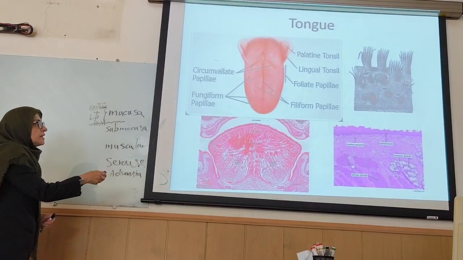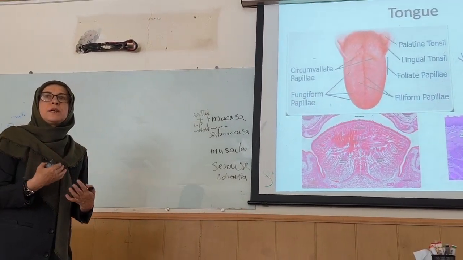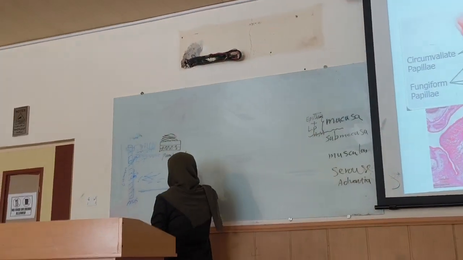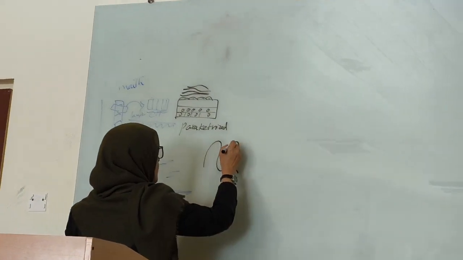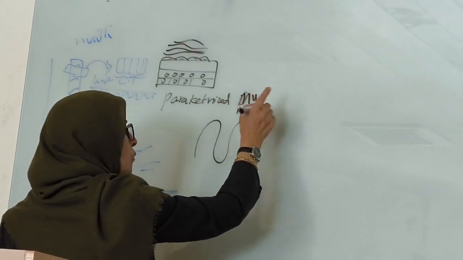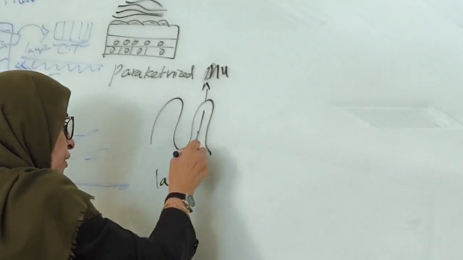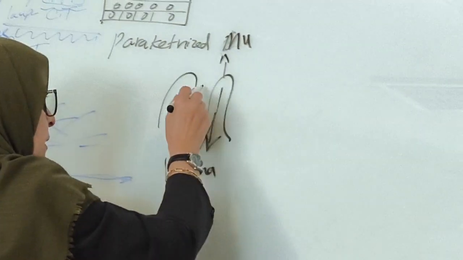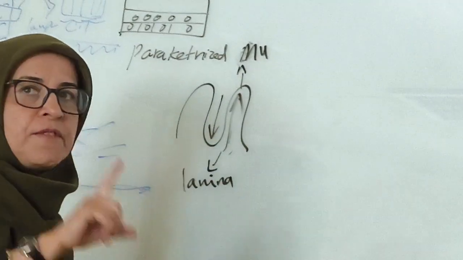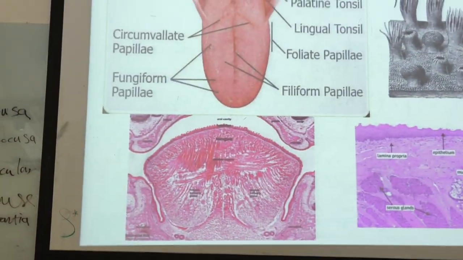But on the dorsal surface, there are some protrusions named papilla. Papilla means finger. Here the epithelial or mucosal layer and the lamina propria have some invagination or protrusion and form some finger-like structures named papilla.